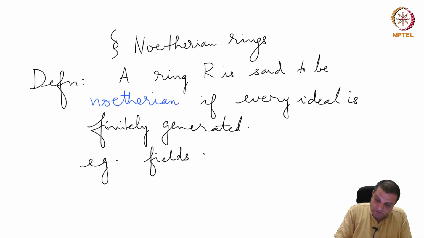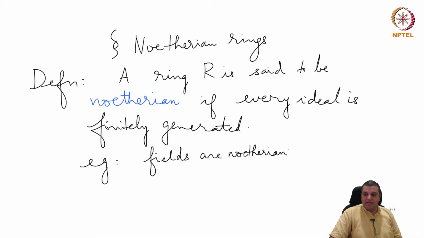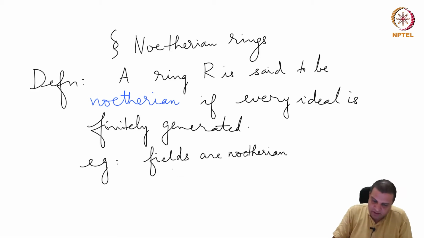Why? A field has only two ideals, 0 and the full ring. The 0 ideal is generated by the singleton 0, and the full ring is generated by the singleton 1 or any invertible element. So hence fields are Noetherian.